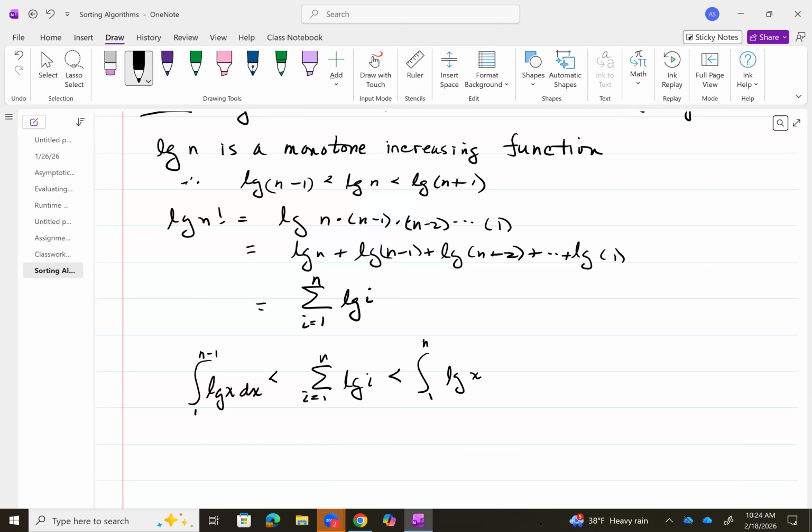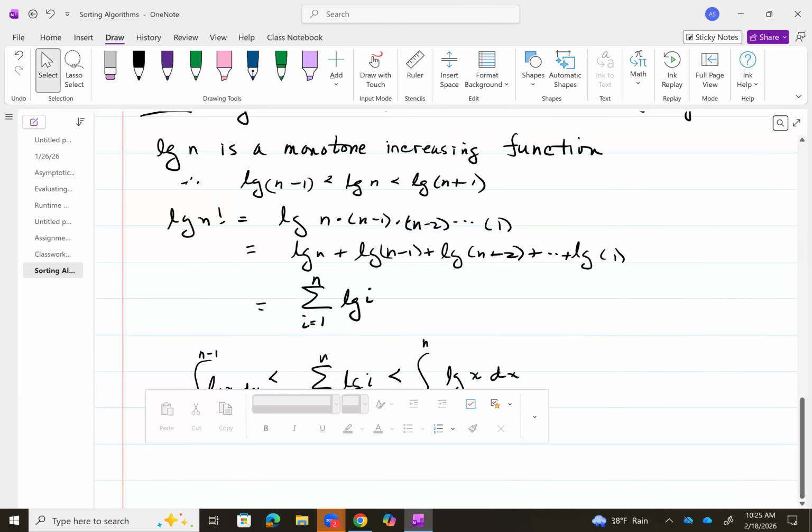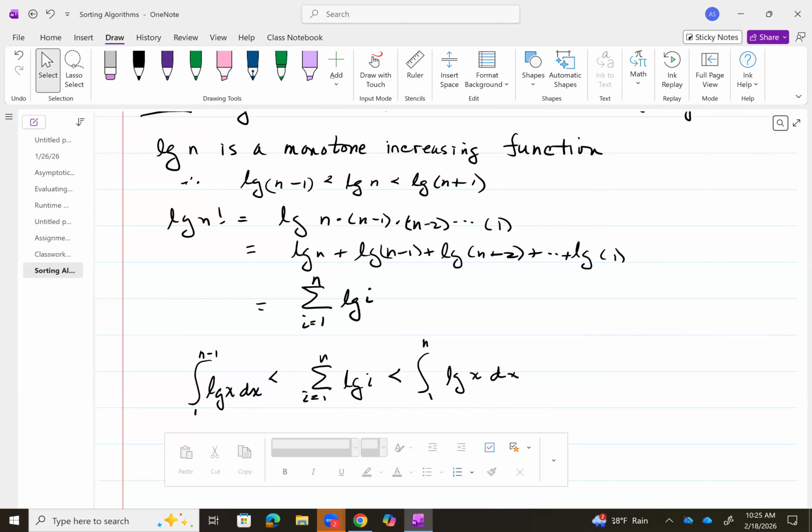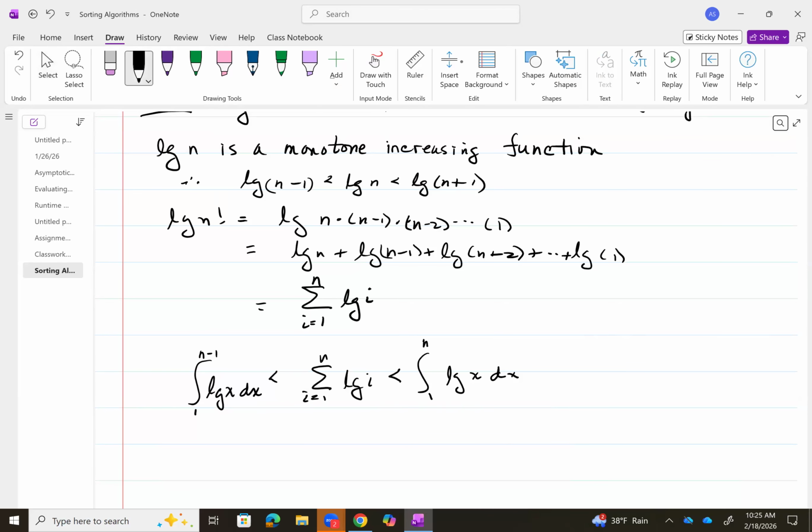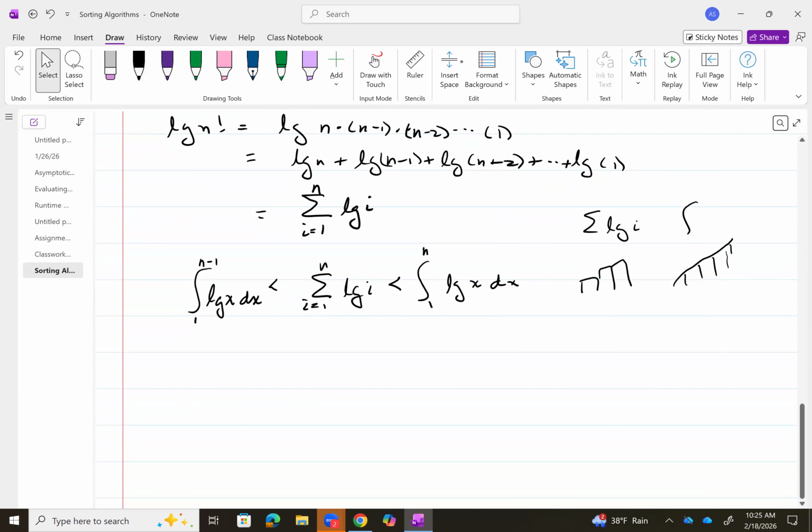Why? Because this is discrete and the log itself is continuous. The summation is going to look like this, whereas the integral is going to look like that. So since it's monotone increasing, the integral will be a little bigger. And if I chop it one short, I'm guaranteed that the sum of log of i will be one greater. It'll be going one more box.